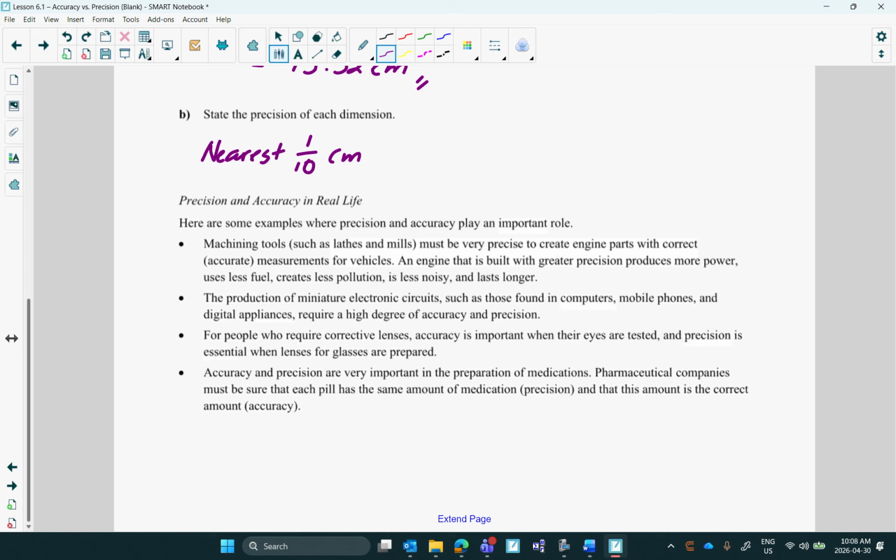Preparation of medications. Okay, you want to be accurate with the quantity, and then when you measure it out, you want to be precise. Otherwise, it causes health problems. Okay? Pardon me? Would this also count for like... Yeah, right? Absolutely. Yeah. Okay.